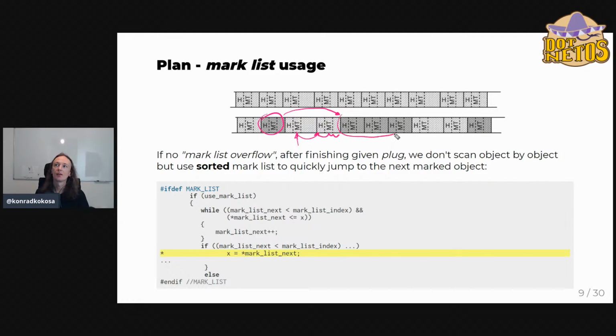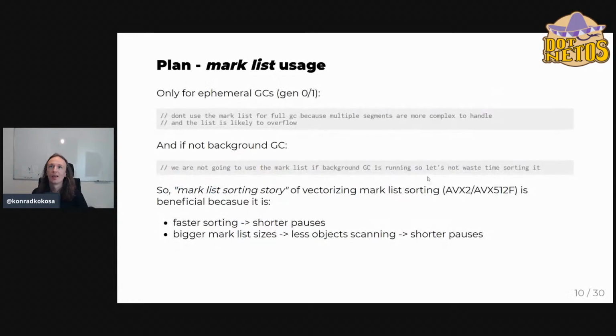So the mark list allows us to skip scanning gaps and only scan plugs. It is a nice optimization, which is important because, as I said, the plan phase happens during the non-concurrent phase, so every optimization that reduces the pause is really welcomed. That's why we like the mark list optimization.